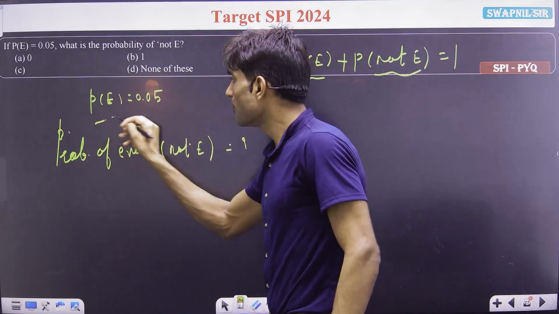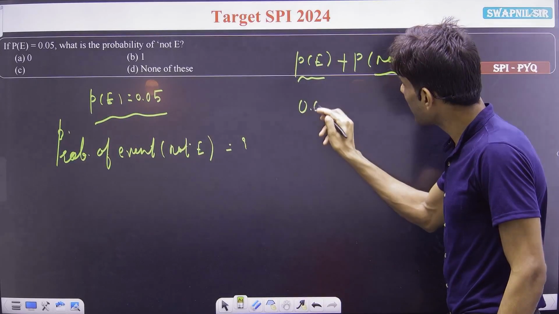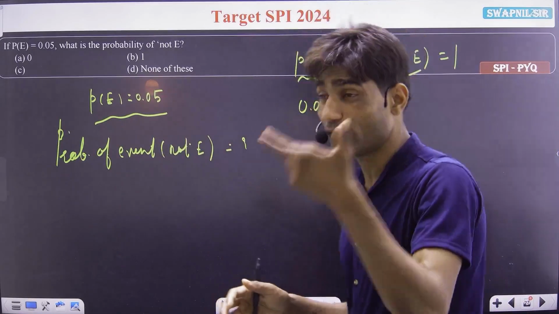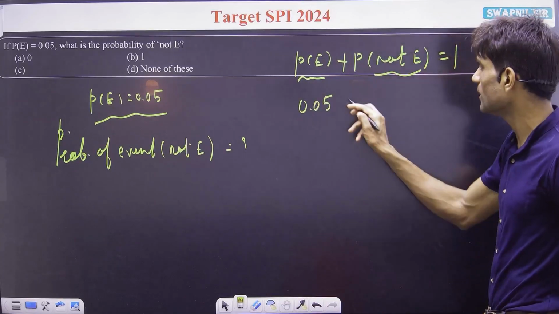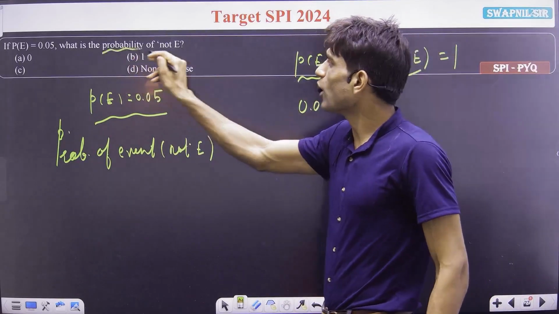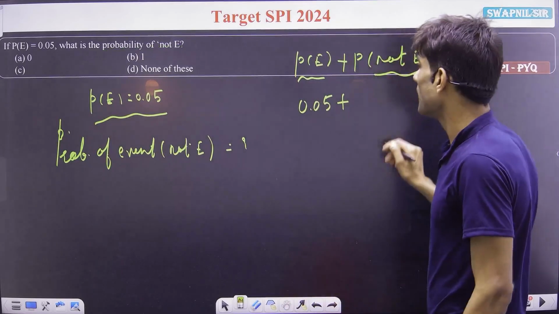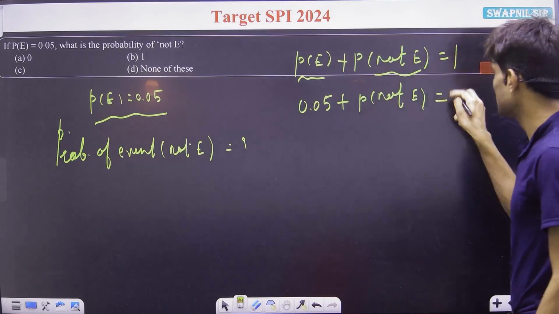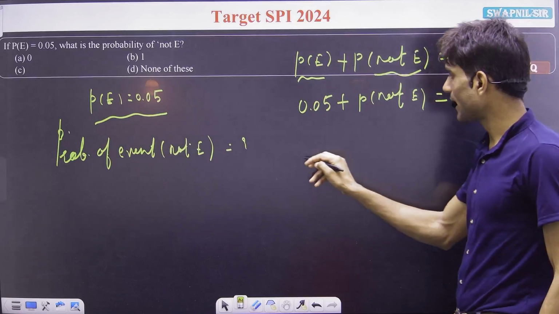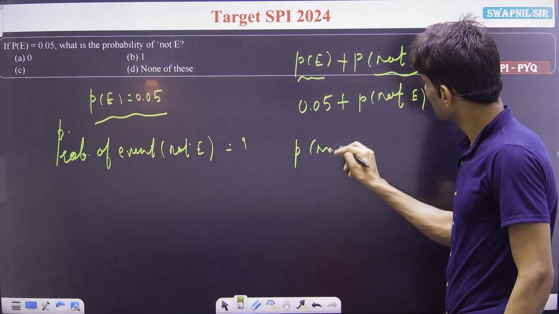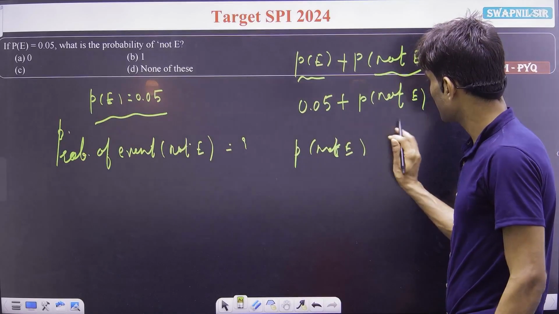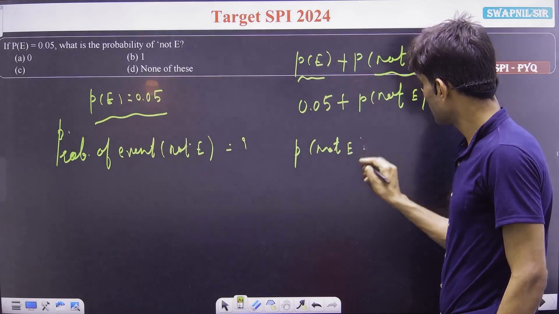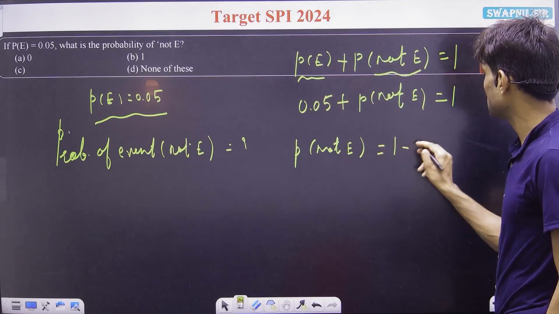So what is the probability of event E and the probability of event not E? We are already given the probability of event E, which is 0.05. I substituted that value here, and we want the probability of event not E, which gives us the value 1. Taking that value to the other side, we write the probability of event not E is equal to 1 minus 0.05.